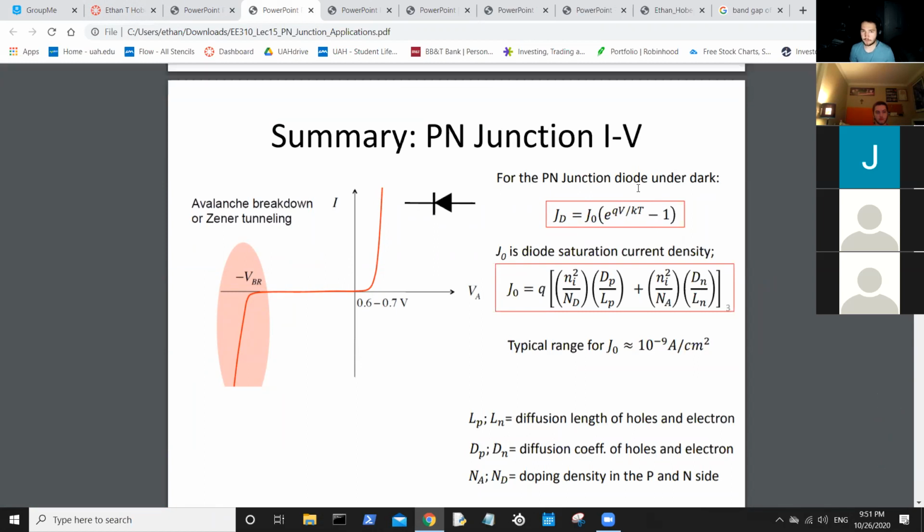If you wanted to, on your formula sheet, since this is a pretty common use of that equation, you could write out a version of the equation which is pre-solved for V. So it would be ln of JD over J0 times 0.026 is equal to VA, essentially.